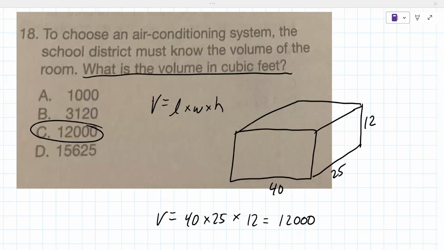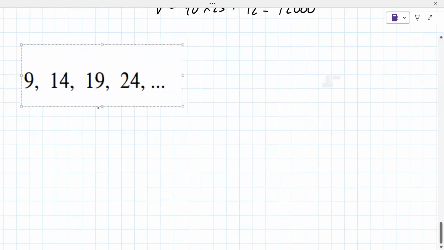Okay. I'm going to put a couple of sequences up in front of you. We'll start from the easy stuff. So a sequence is numbers separated by a comma.